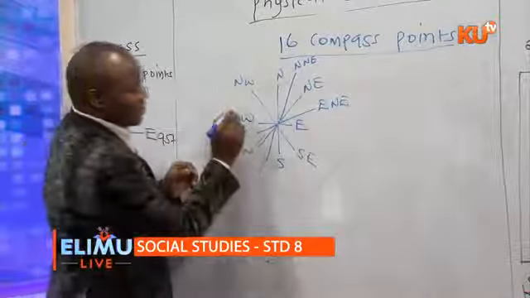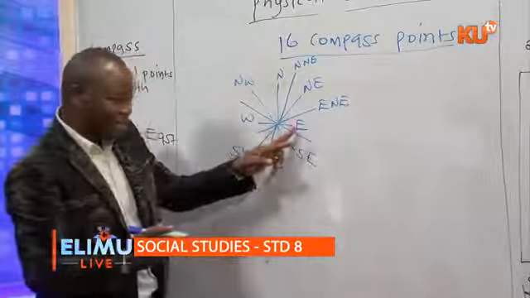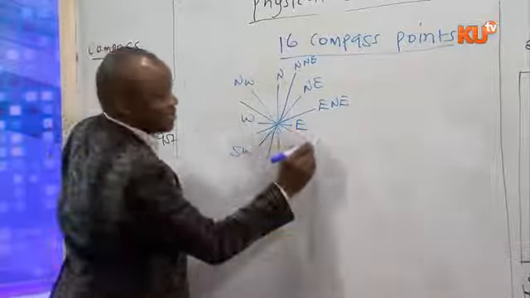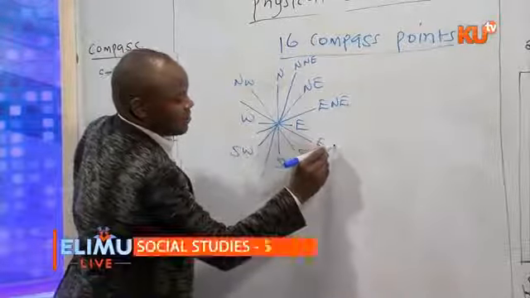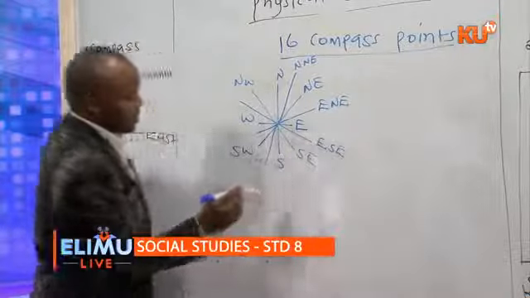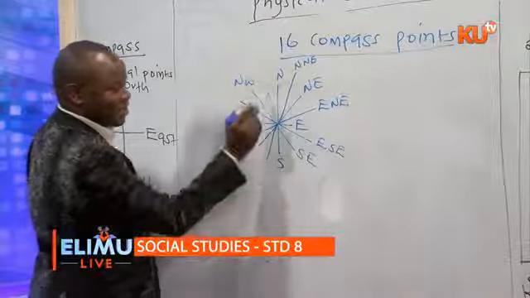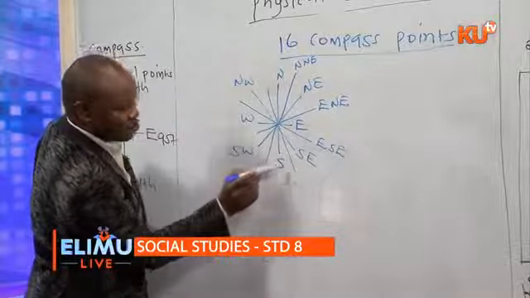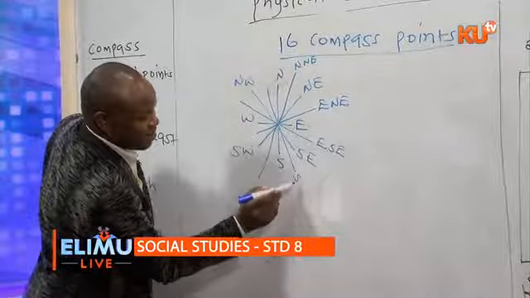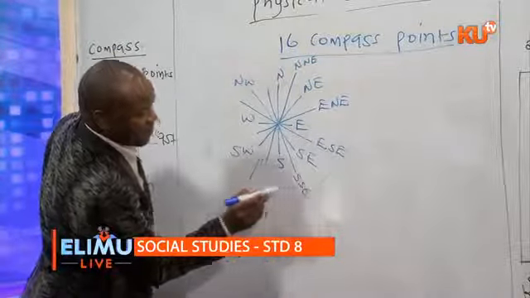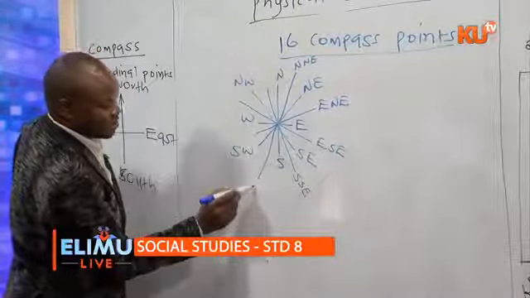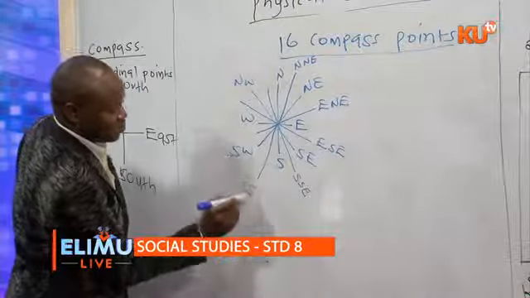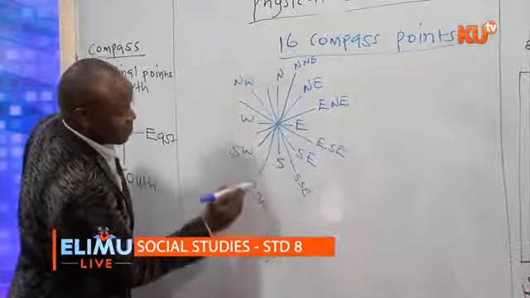So at this point, we also have another one. You start with this one, east, southeast. Then we have this one here, which you also start with the main, south, southeast. Then at this, you start with the south, then followed by these 2, south, southwest.